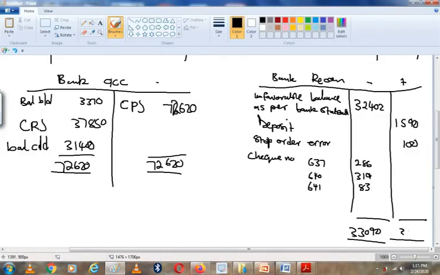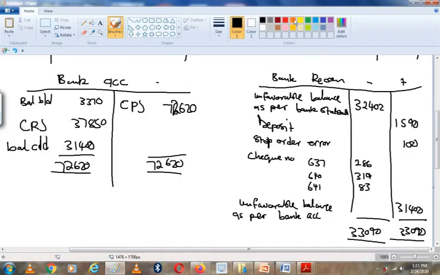And then that's 33,090 here. Now you find the difference of the smaller side, that's 31,400, and then you call it unfavorable balance as per bank account.